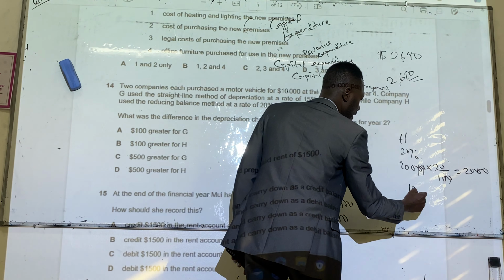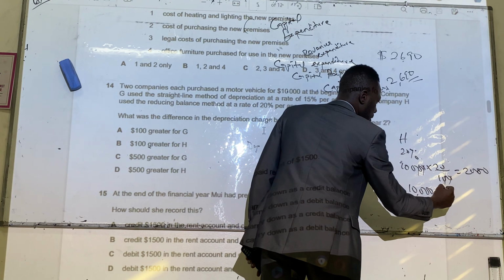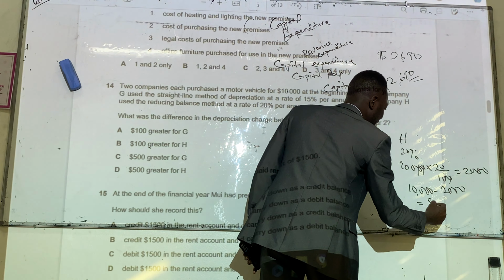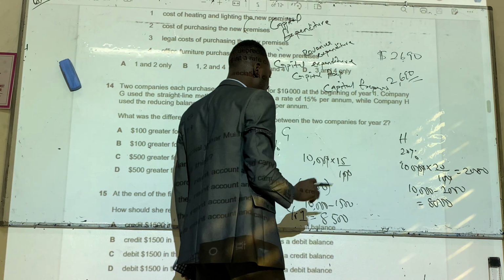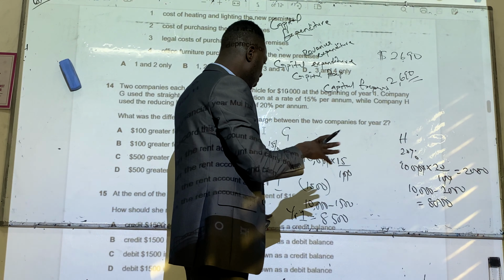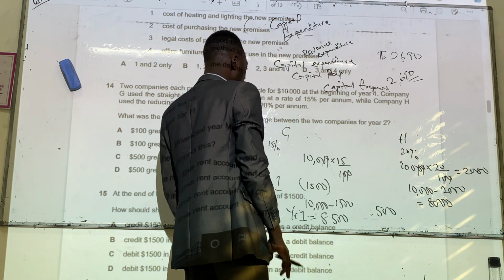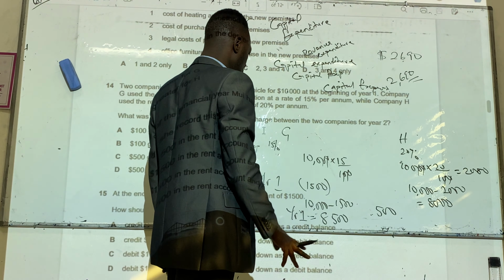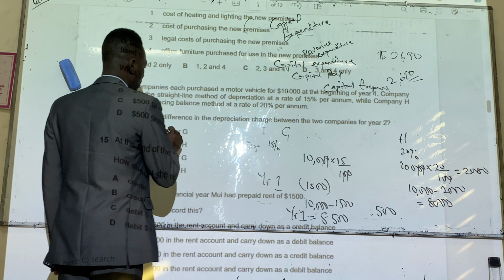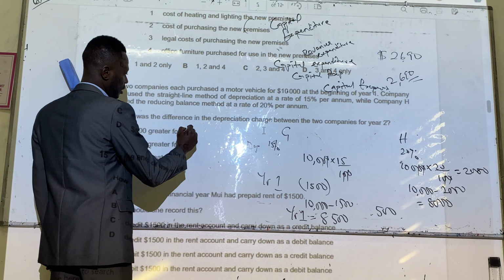So we have 10,000 minus 2,000, which is 8,000. So the difference between both of them for year one is 500.